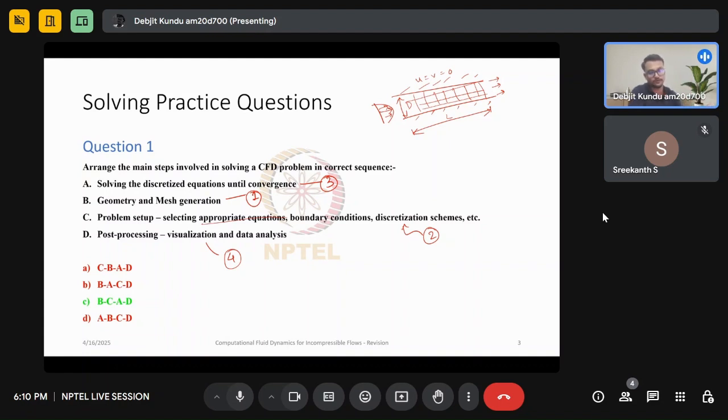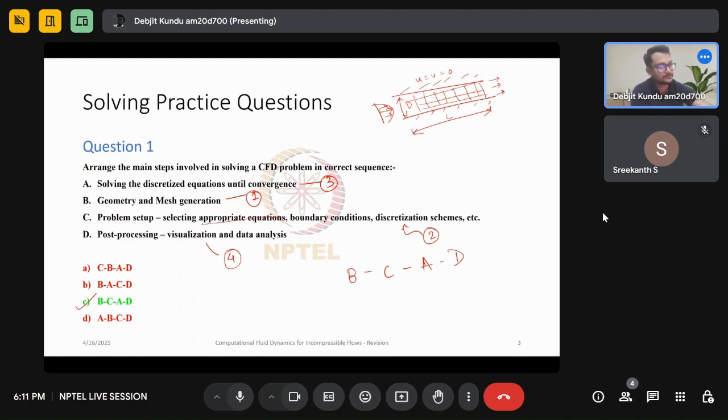It may be in the form of graphs, contour plots, and so on. And you can analyze some data as well depending on the needs of the problem. So the correct sequence followed in solving a CFD problem is B first, then C, then A, and D at last. So BCAD, option C, is the correct answer.